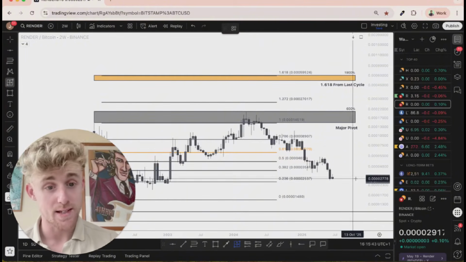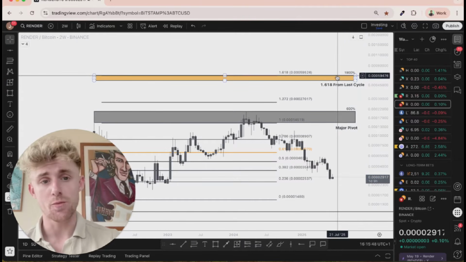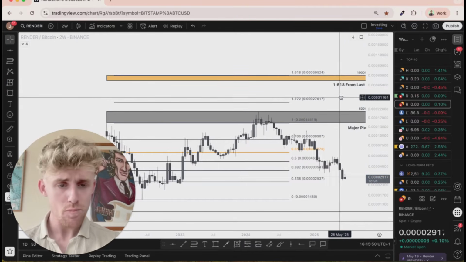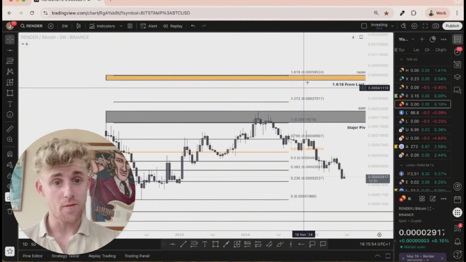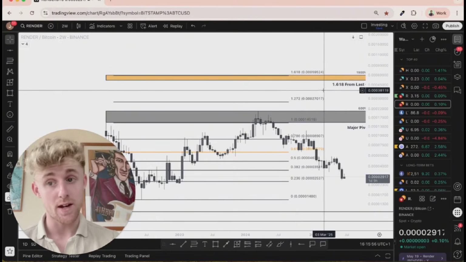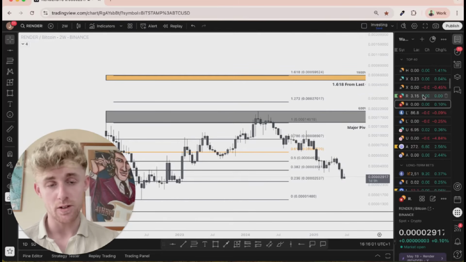From today's price, that is all the way up here at a 1,900% gain. I'm just bringing that to your attention because it is in the charts. Obviously, that's quite optimistic, but it is a fact, it is there, and it has the potential to happen.